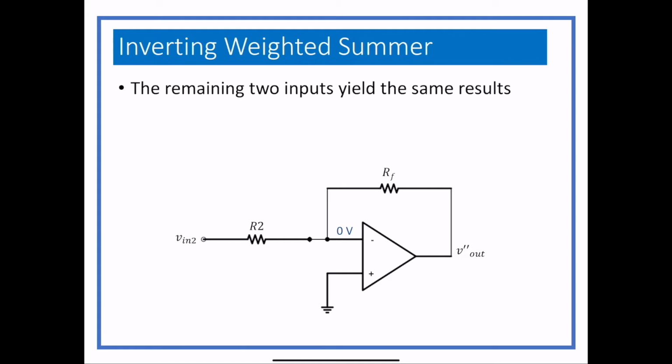So for the other two inputs, we get the exact same thing. For V double prime out, we get minus RF over R2 times VN2, and then for VN3, we get the same thing again, minus RF over R3 times VN3.